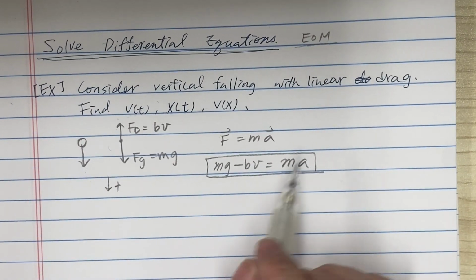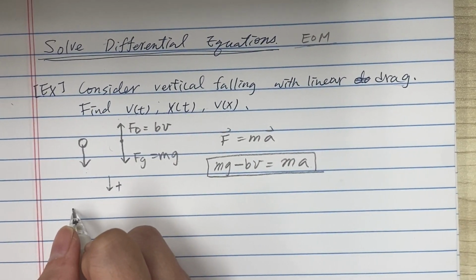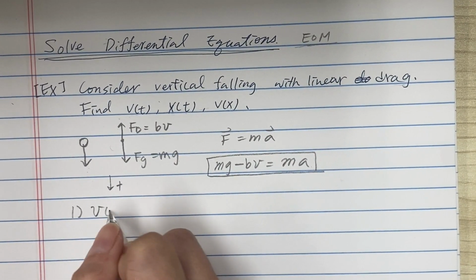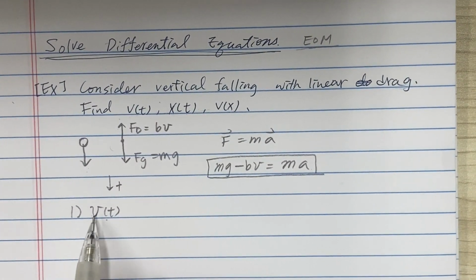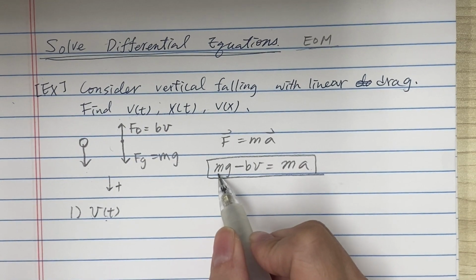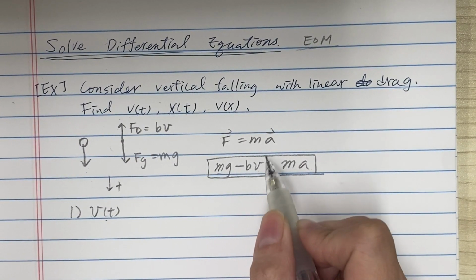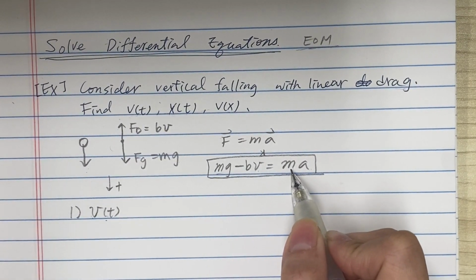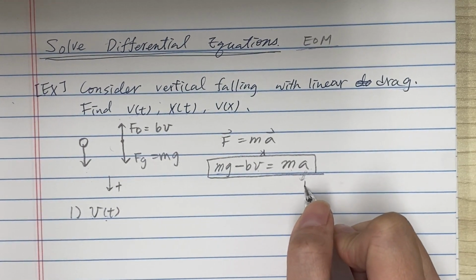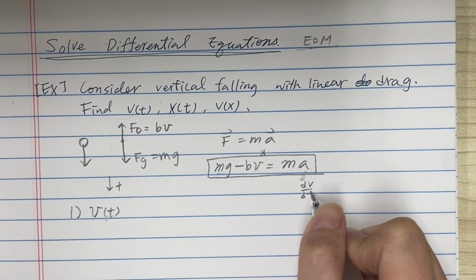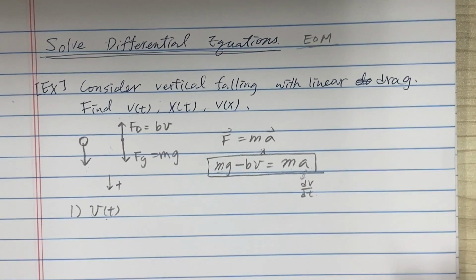Now let's solve it mathematically. First, let's try to solve for v(t). We want to know the relationship between time and velocity. Here mg is constant, there's a velocity here, b is constant, and a is actually the first derivative of the velocity with respect to time.